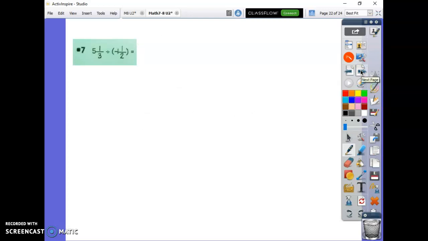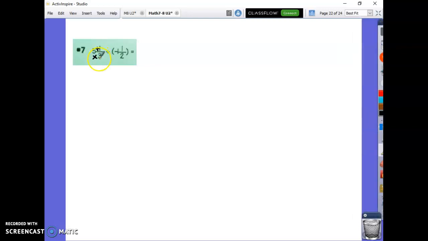Okay, last example. A mixed number divided by a mixed number. First thing you're going to do when dividing mixed numbers, guys, is turn that mixed number into an improper fraction by multiplying the denominator by the whole number, then add the numerator. Do that to both of these mixed numbers. So 5 times 3 is 15 plus 1 is 16 over 3, divided by negative 2 times 1 is 2 plus 1 is 3 over 2.